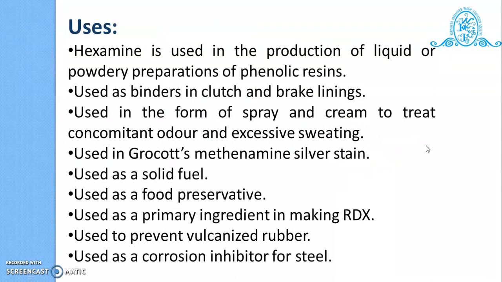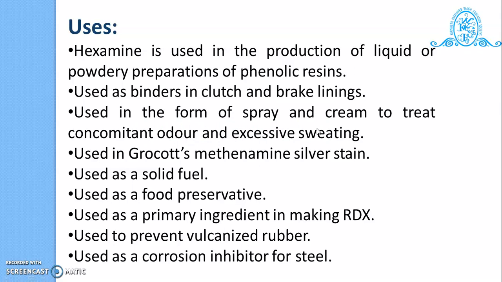Let us see some uses of hexamine. Hexamine is used in the production of liquid or powdery preparations of phenolic resins. It is used as a binder in clutch and brake linings. It is used in the form of spray and cream to treat concomitant odor and excessive sweating. It is used in Grocott's methenamine silver stain.